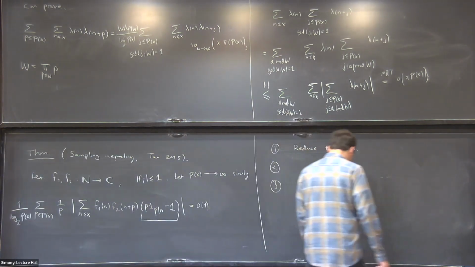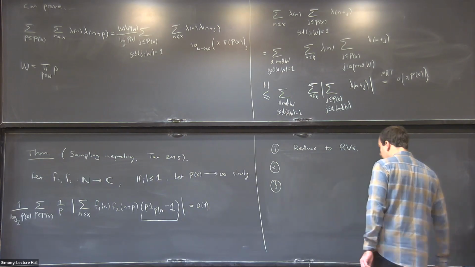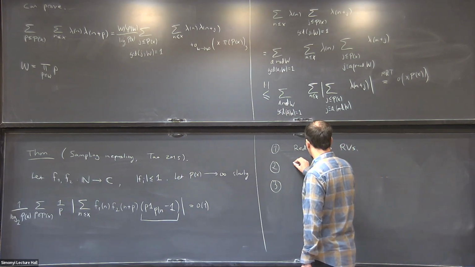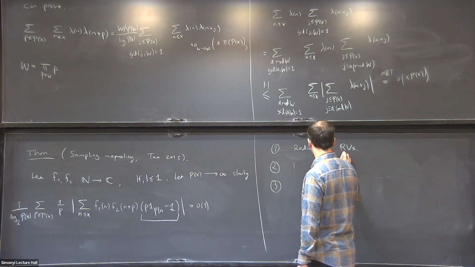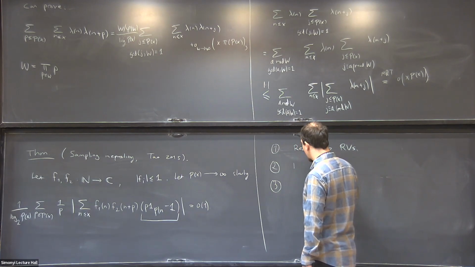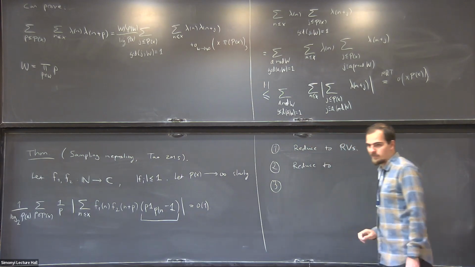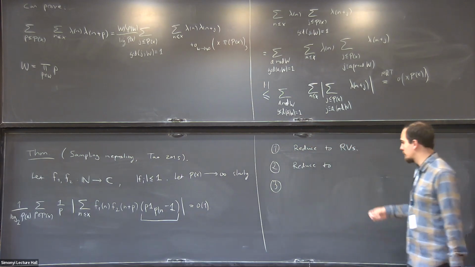Okay, and the second step is to, well, you want to further reduce this property of random variables that you want to prove to a bound on the information between the 2 random variables.